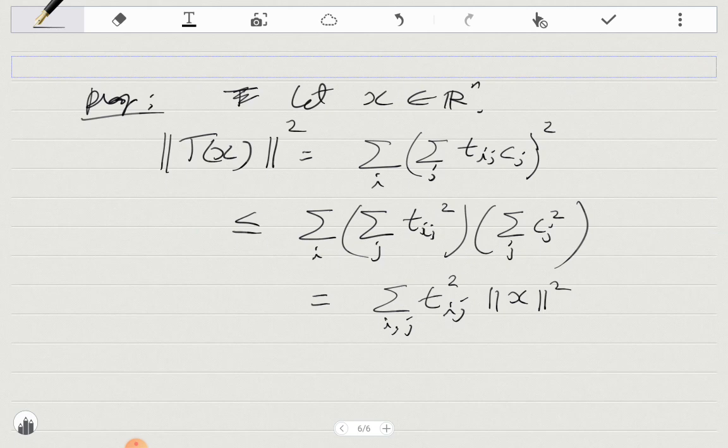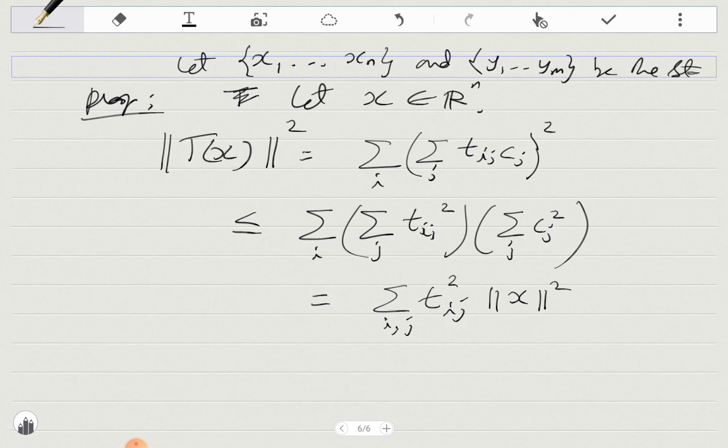For this proposition to work, I should specify something. The assumption is that x1, x2, ..., xn and y1, y2, ..., yn are the standard basis. Actually, any orthonormal basis will do, but let's just stick to the standard basis. Then everything works out fine.